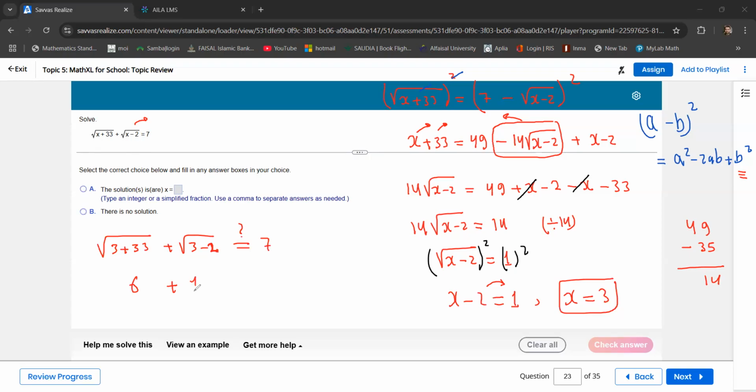So the square root of 1 is 1. And this is really 7, which means your answer is correct. So x equals 3 is correct. Moving on.